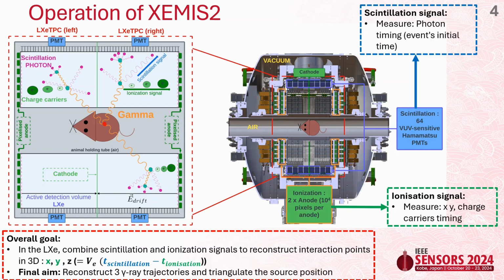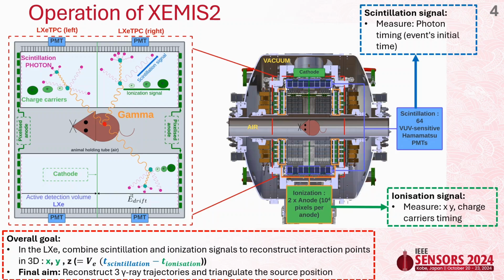The anode measures the transverse coordinate and the electron drift time, and the longitudinal coordinate is deduced from the time difference between the scintillation and ionization signal. So, by combining temporally the scintillation and ionization signal, the position of each interaction is reconstructed.